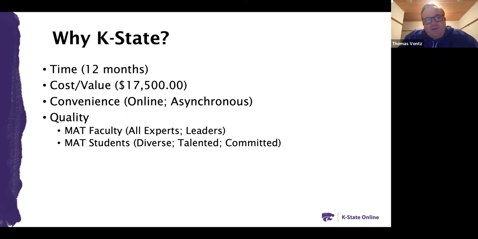We also talk about cost right up front. Most universities don't. You have to do some calculations to figure out what you're going to spend. It's $495.50 per credit hour for 31 credit hours. So if you have a calculator, you can do that real quick.